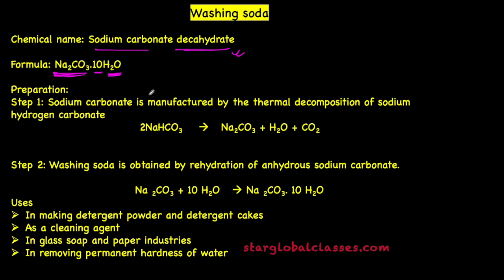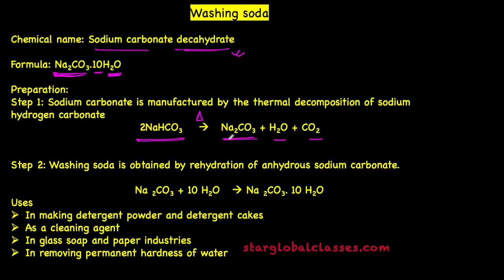How to prepare this sodium carbonate decahydrate, washing soda? Step 1. Sodium carbonate is manufactured by the thermal decomposition of sodium hydrogen carbonate. When sodium hydrogen carbonate is heated, it produces sodium carbonate, water and carbon dioxide. And this sodium carbonate, washing soda, is obtained by rehydration of anhydrous sodium carbonate.